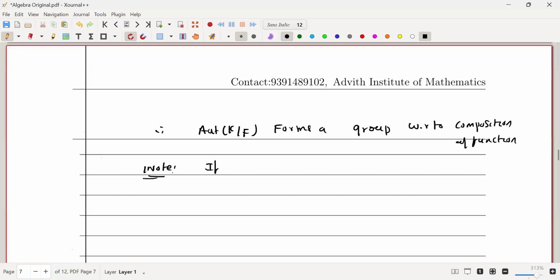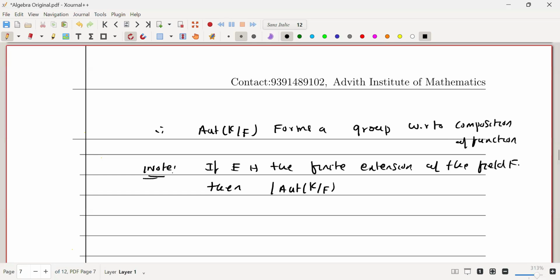If E is a finite extension of the field F, then the order of automorphisms of K over F is always less than or equal to the degree of the extension field E over F. If it is a Galois group, then these two are equal.